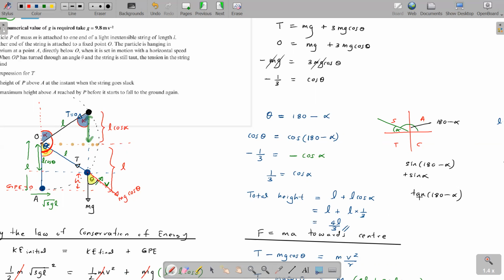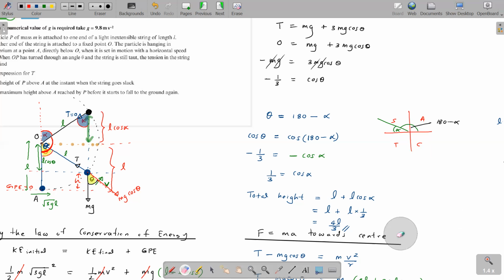In the second quadrant, tan is negative, so you write the tan of the acute angle with a negative sign. That's how it's done. You can even do this for 180 plus alpha, even for 360 minus alpha. You learn all this stuff in P2.